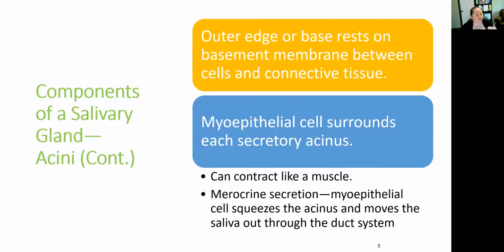You ever smell a food that you really enjoy, and all of a sudden you start to salivate, or just even thinking of a food that you would enjoy, or you think, oh, I could really go for this right now. It's activating the autonomic system to secrete the saliva.